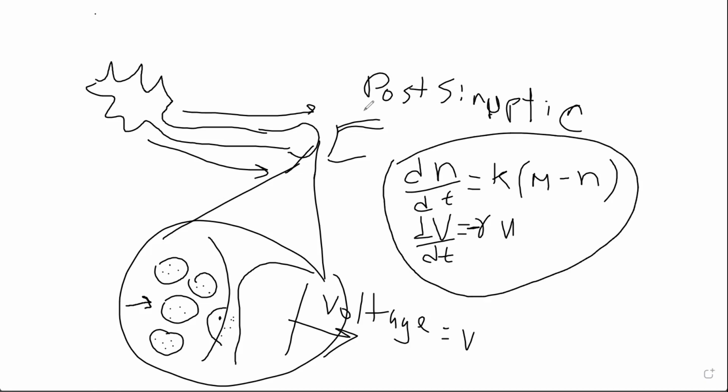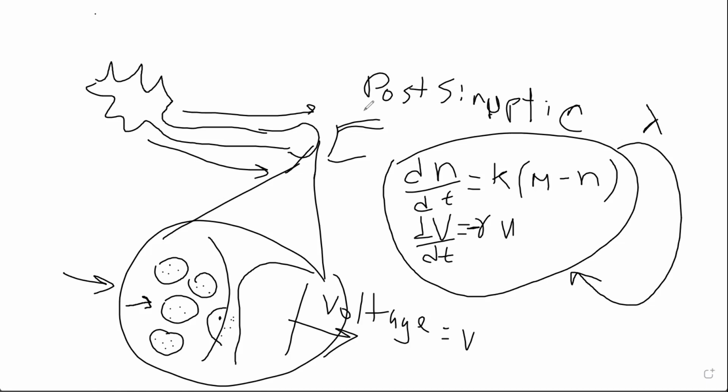And every time the pulse is arriving, the presynaptic neuron is firing at a frequency, let's use lambda here, but you use F, but to keep consistent with the Poisson process, I'm going to use lambda.